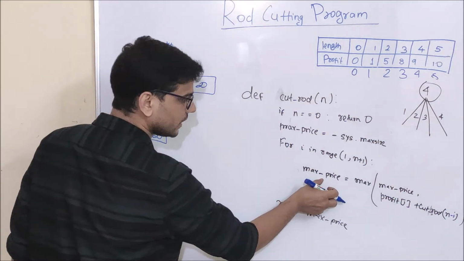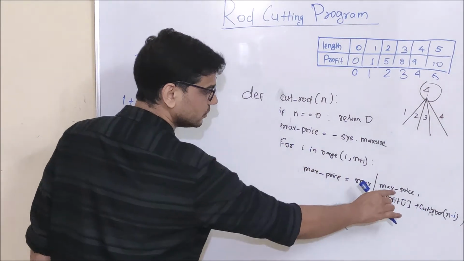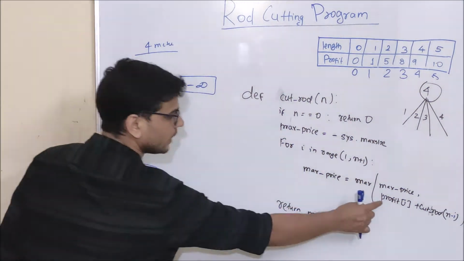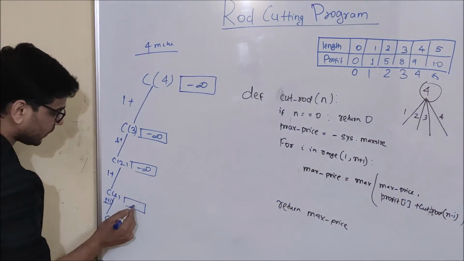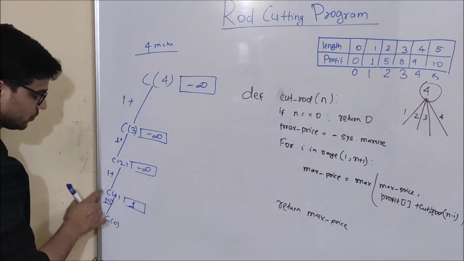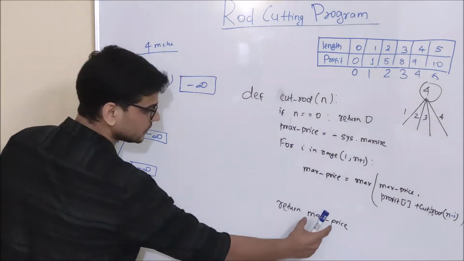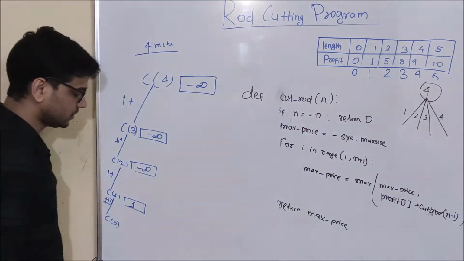So in max price, I am going to update the max between max price and this particular thing. This is minus infinity. This is 1 plus 0. So I am going to update it to 1 as 1 is the maximum. Now what is going to happen in this line, now this for loop will finish and return max price.